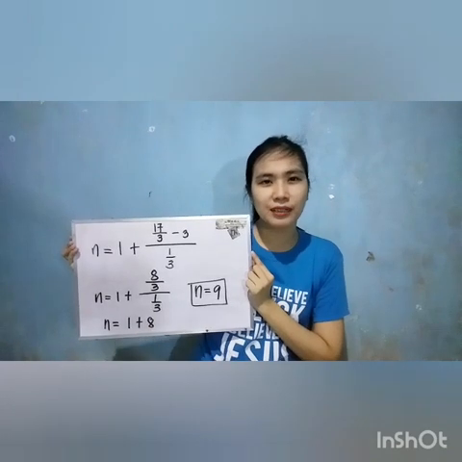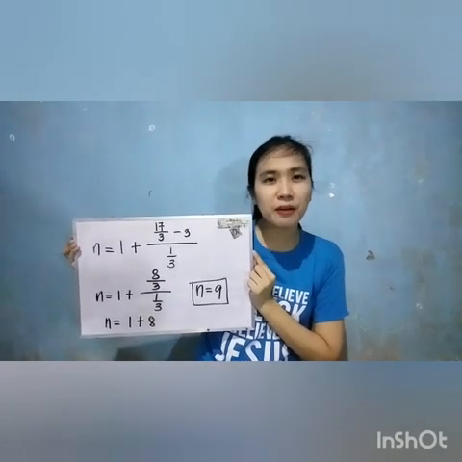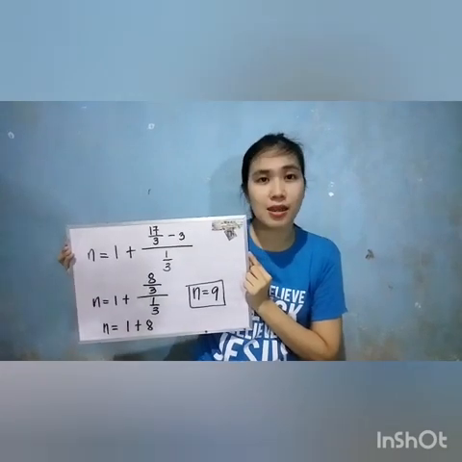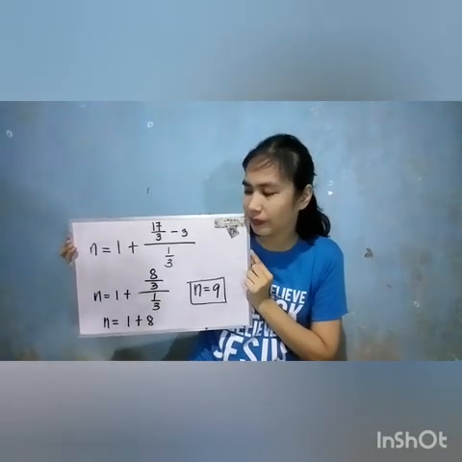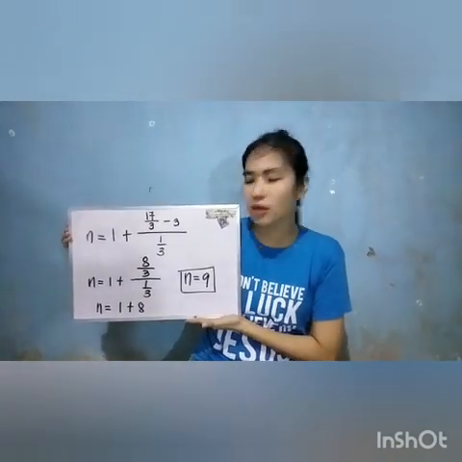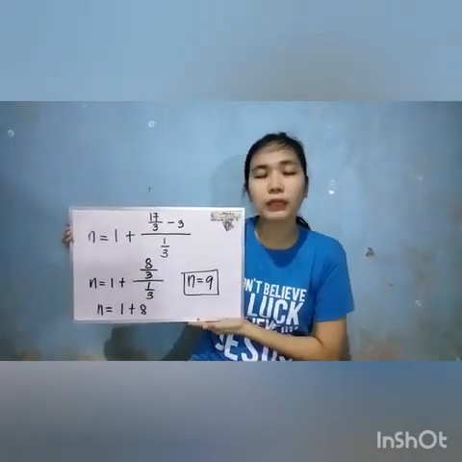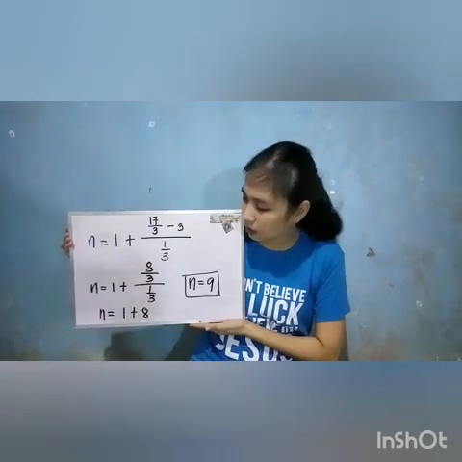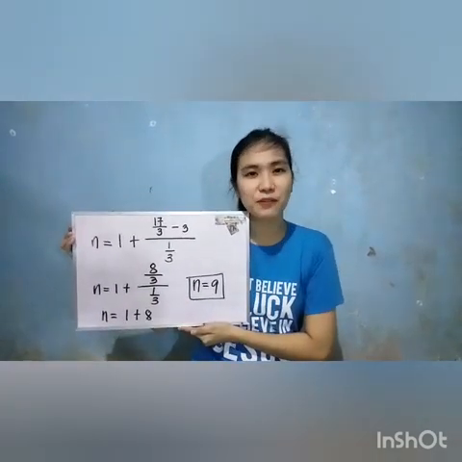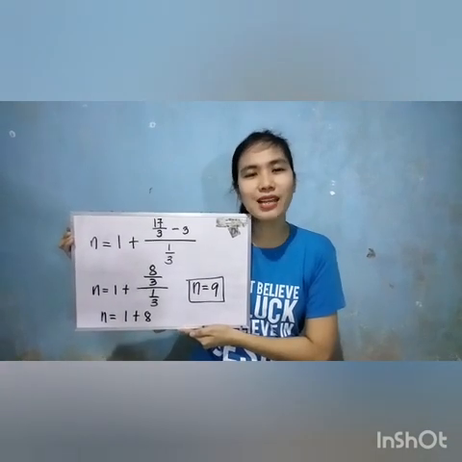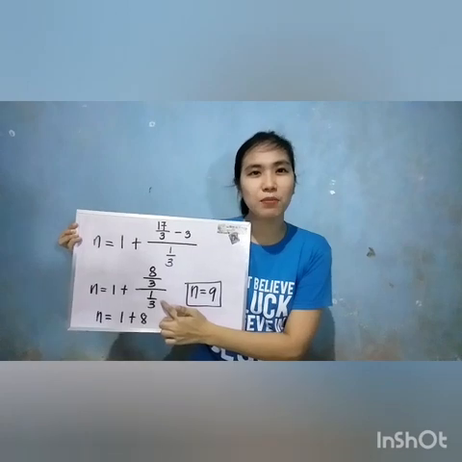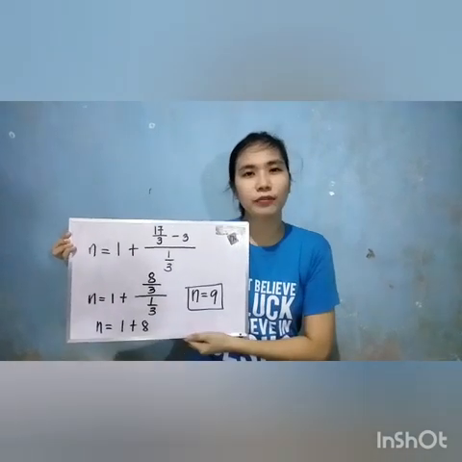Simplifying first the given in the numerator, 17/3 minus 3 is 8/3. So to solve this more, we have n equals 1 plus 8/3 all over 1/3. As you have noticed, we have formed a complex fraction. So in this case, we need to take the reciprocal of 1/3 and then multiply this by 8/3.